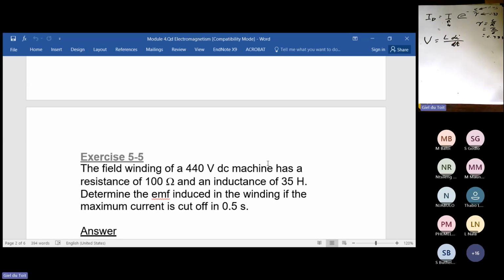You know the L is 35. The current he just said, it's about a quarter amp. 400 volt over 100 is 0.25, guys. And 440 over 100 is about 0.27 or something. Just do it and calculate the voltage. What do you get?